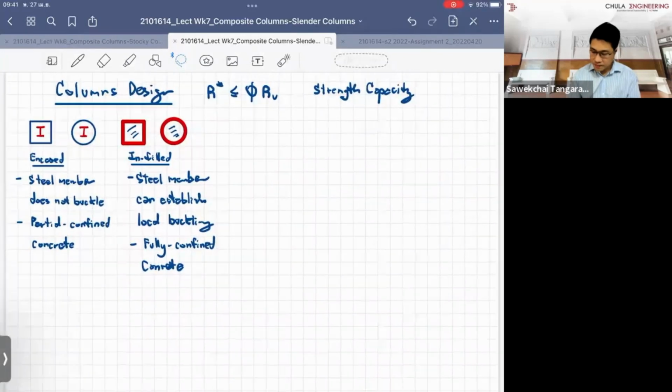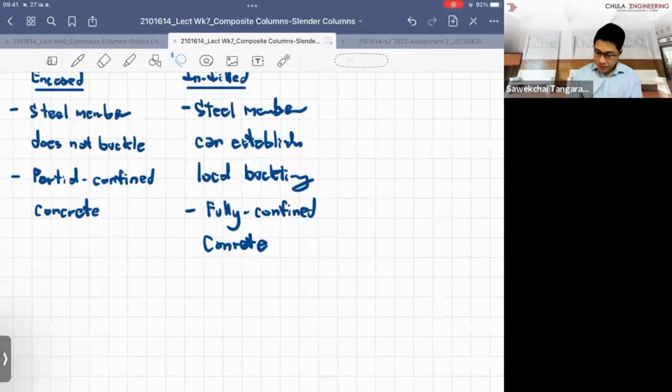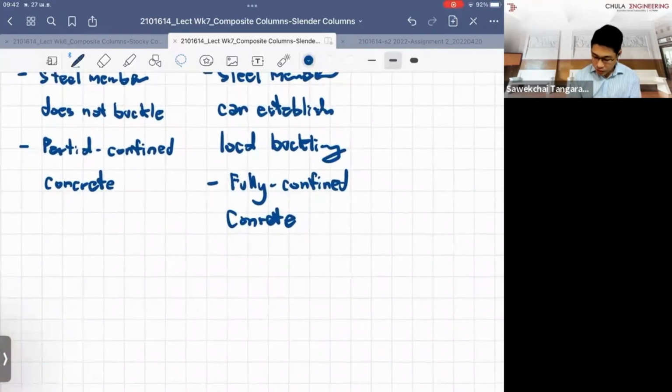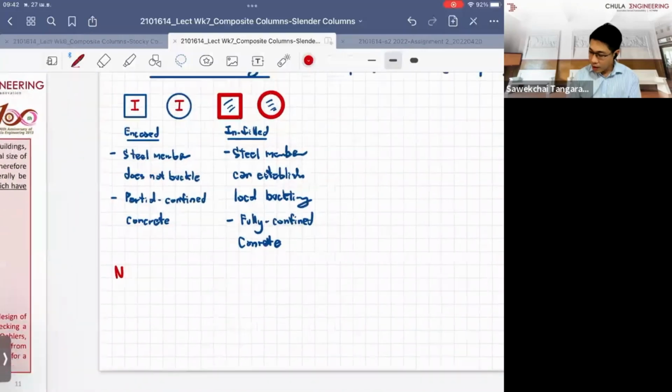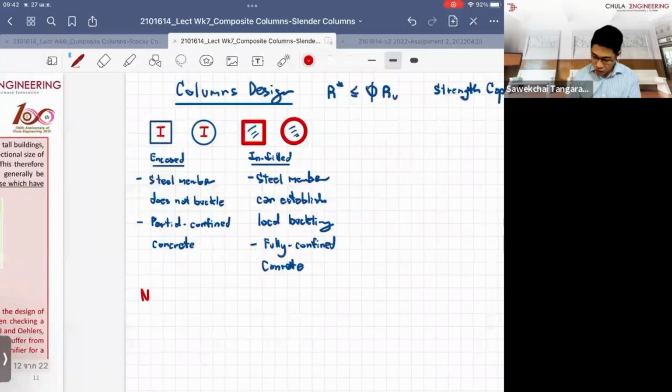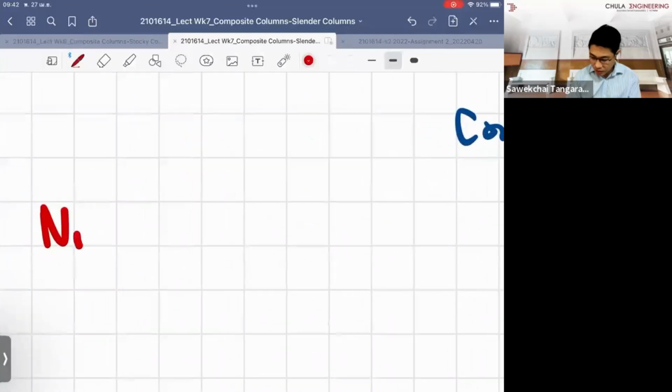When we talk about this, the formulation that we use to calculate what is called the squash load, we call it N. If you look at the previous page, here is the N_uo, which is the squash load.